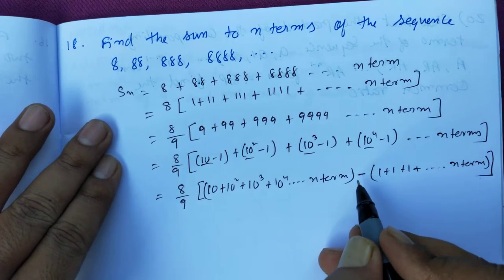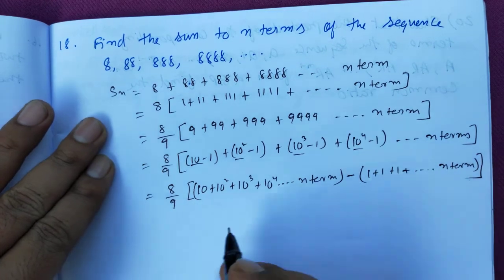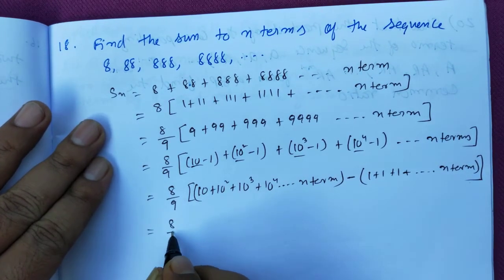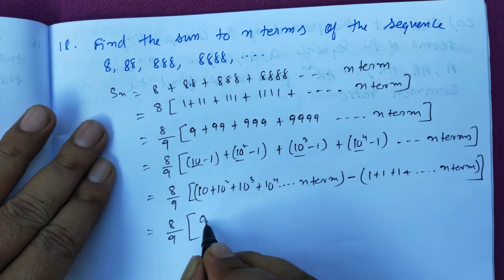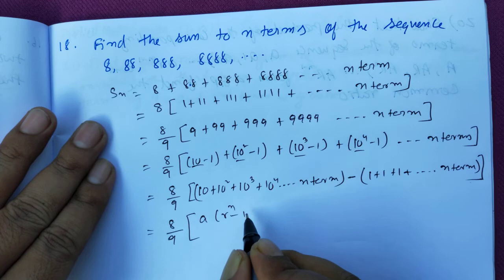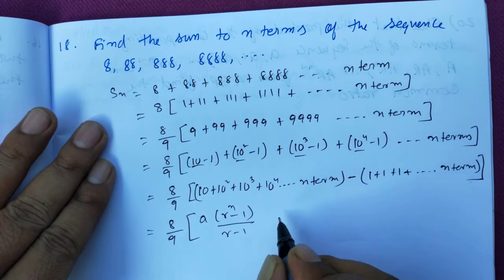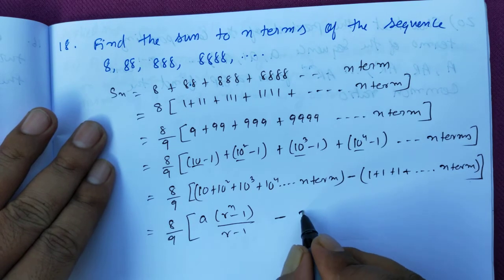If I take minus common, it will be 1 plus 1 plus 1 till n terms. This is in GP, so formula is A(R^n minus 1) by R minus 1, minus 1 plus 1 plus 1 till n terms will be n only.